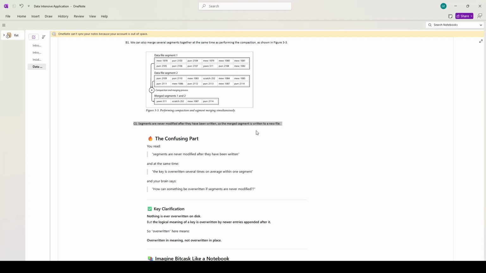Since we're only ever appending, we're not overwriting into the disk. This merged segment is written to a new file, so we combine what is already pruned. Of course, we do the compaction first before we do the merging, because we can efficiently merge a segment if we were able to compact it first.